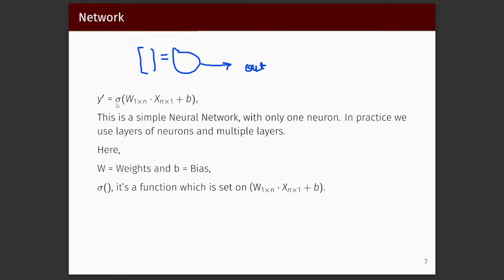The use of using a function here is to flatten the values so that they do not increase exponentially, or to put those values into a certain bracket, let's say between A and B, or from 0 to 100, and something like that.